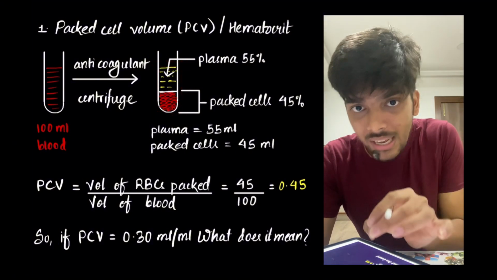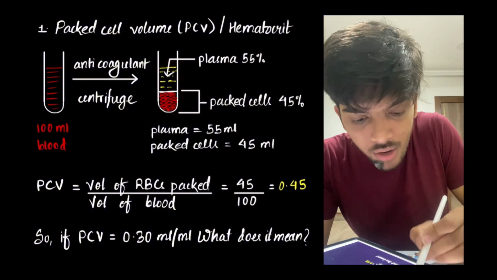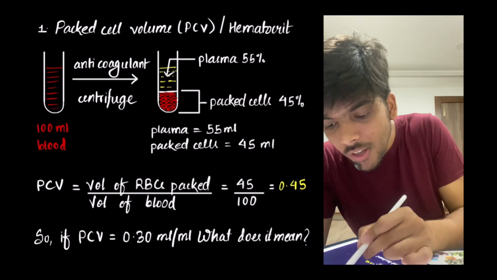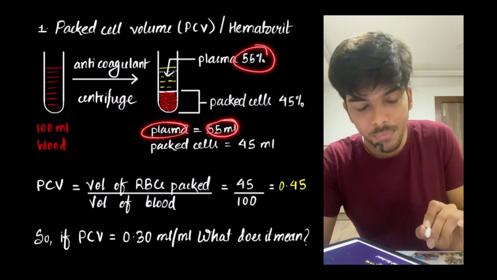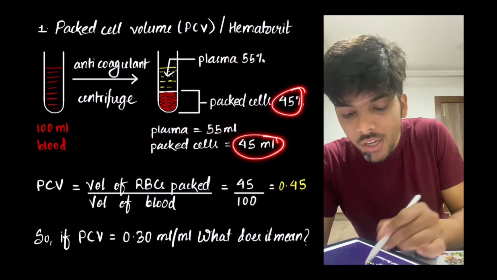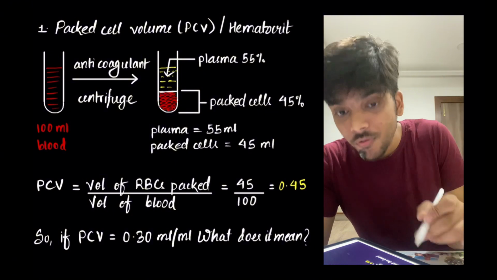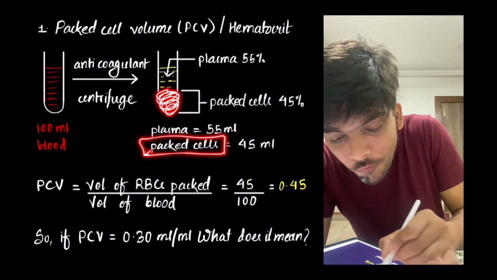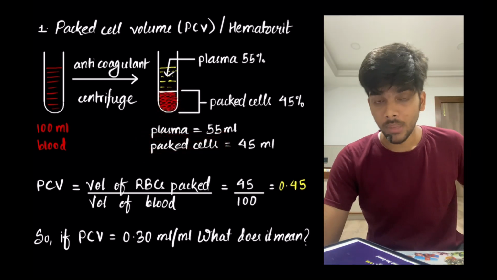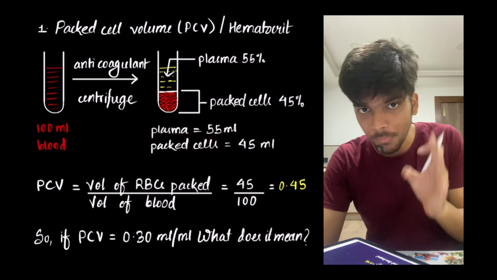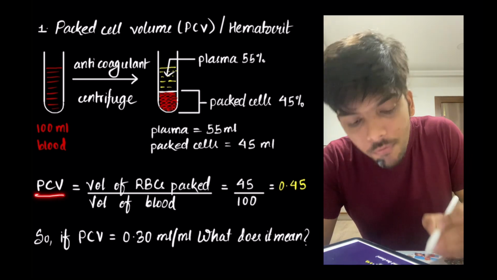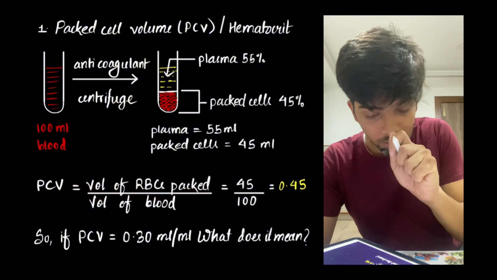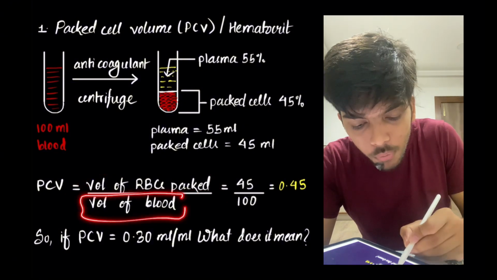In this particular experiment, I have drawn 100 ml of blood. So out of this 100 ml of blood, 55% or 55 ml is plasma, and 45% or 45 ml is the volume that is formed by the cells packed together, the packed cell volume. Okay, now this is the true definition or the mathematical definition. Packed cell volume is the volume of RBCs packed together per unit volume of blood.